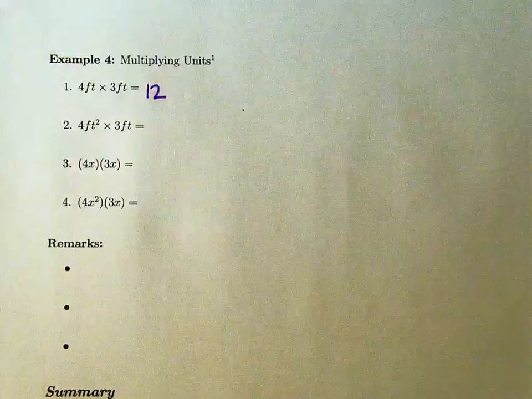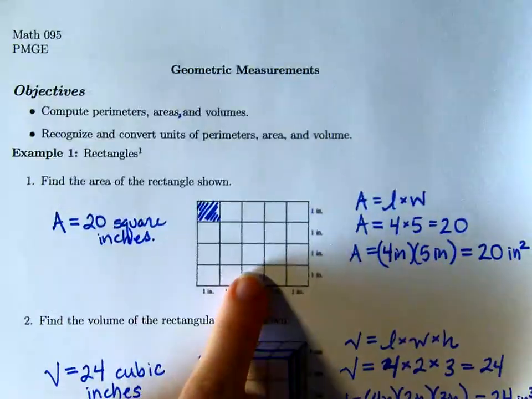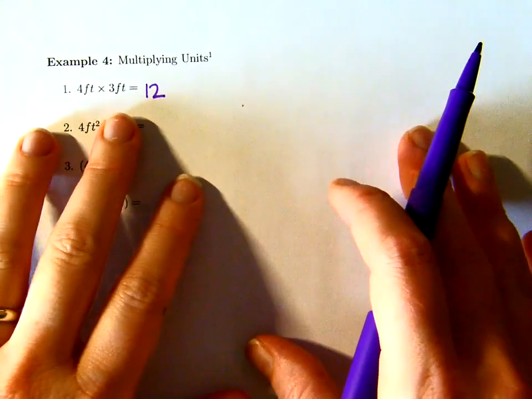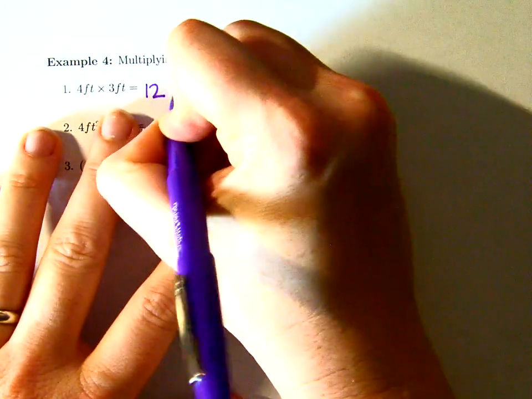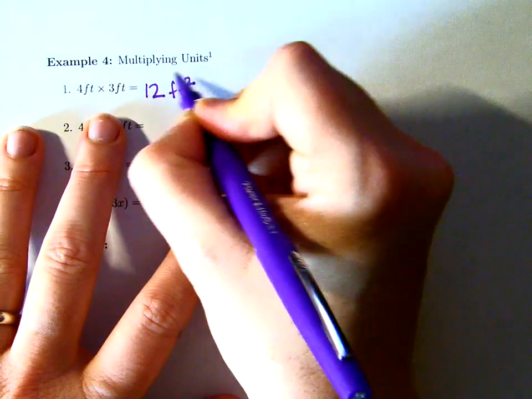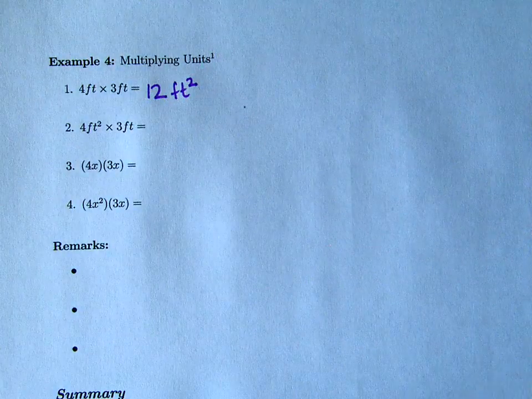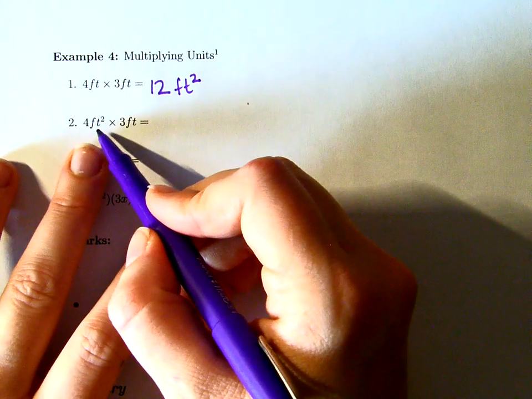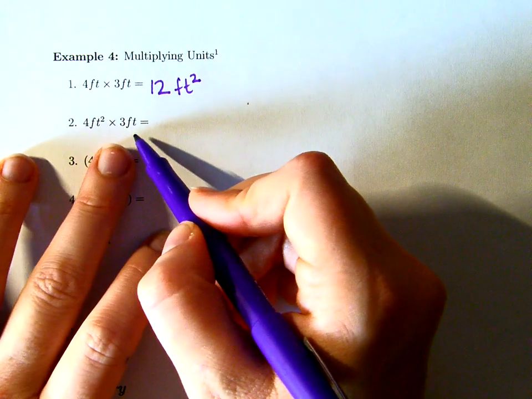It's the interior coverage, yeah? Squares. So a 4-foot by 3-foot area is 12 square feet, or feet by feet is square feet.